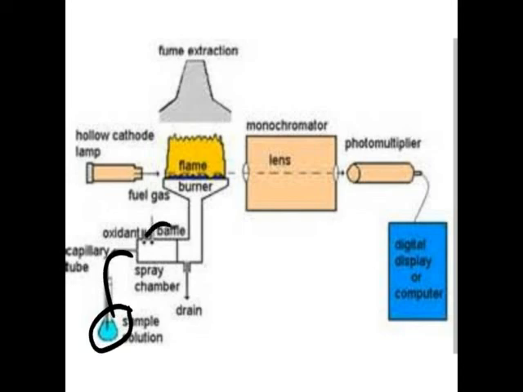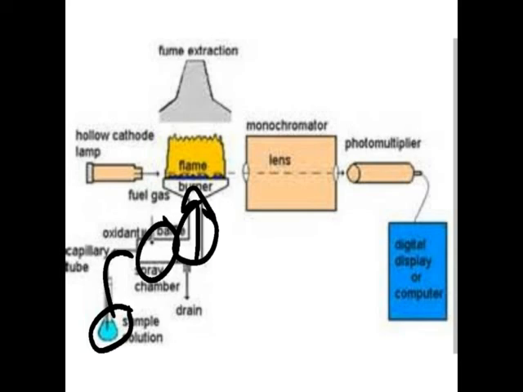So the atomizer is present, the mixing chamber is present, then this goes to the burner. So due to the temperature of the oxidant and the air, fuel and the oxidant, generation of flame takes place.